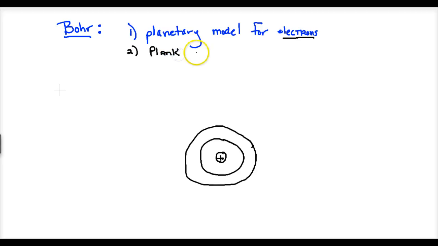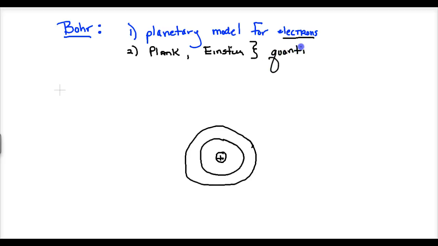Now we talked about Planck's black body radiators, and we talked about Einstein's photoelectric effect. And these guys combined talked about, specifically, the idea that compounds or matter is quantized.